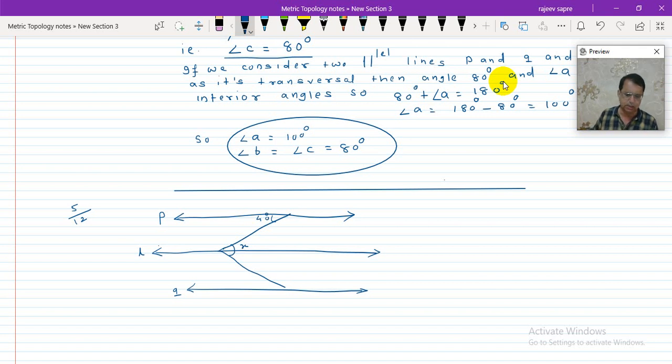This is given as, I think, 30 degrees. This is given as 30 degrees. Okay, so we have to find angle X with the help of this figure.